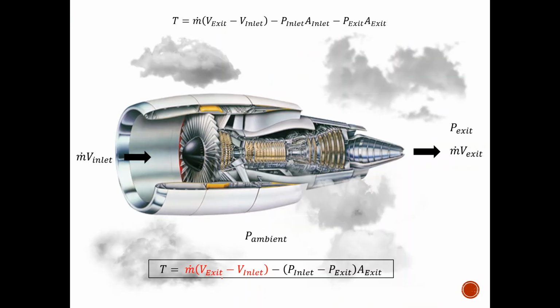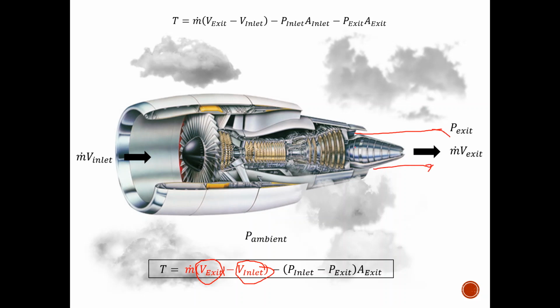Let's look at the first term. The way to increase thrust is either by increasing the exit pressure or by decreasing the inlet pressure. Or the way to increase the thrust is by increasing the exit velocity or reducing the inlet velocity, because this term is actually reducing it. Now you may think, I'm just going to push the air as fast as I can using my engine.